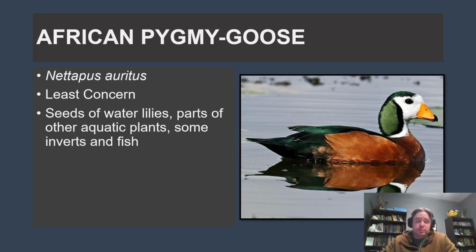The African pygmy goose, Nettapus auritus, is a species of least concern. They eat seeds of various aquatic plants, especially water lilies, and herbaceous parts of other aquatic plants, and some small amount of invertebrates and small fish.